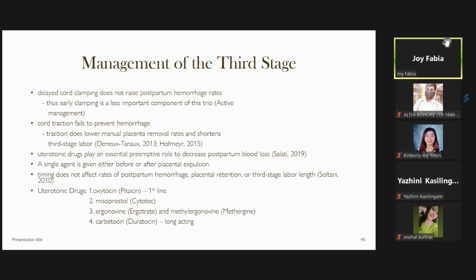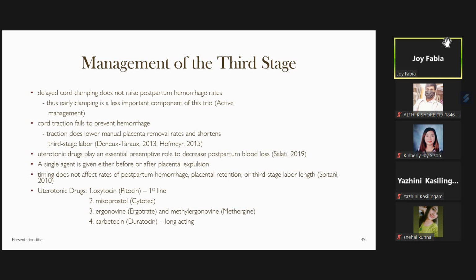Sometimes kasi, if you give it very early, the cervix or the lower uterine segment of the uterus, usually nagko-contract siya. So there is already nagkakaroon ng constriction dun sa LUS and then affected hanggang sa may cervix.